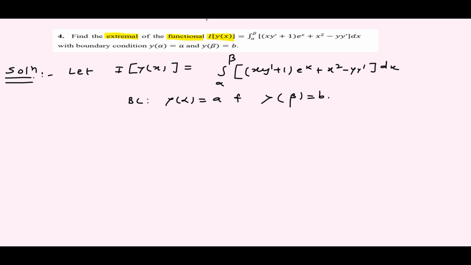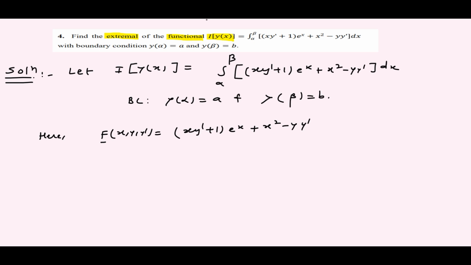First of all, here our given functional f of x, y, y dash is equal to x y dash plus 1 multiplied to e to the power of x plus x square negative y into y dash. As we can say, the given functional f depends on x, y and y dash.